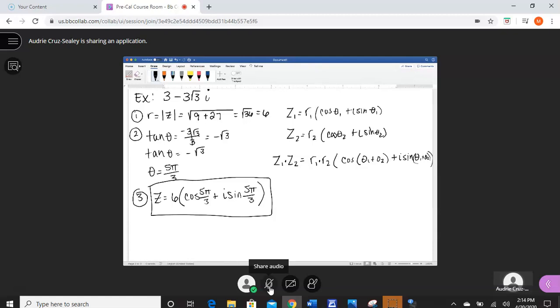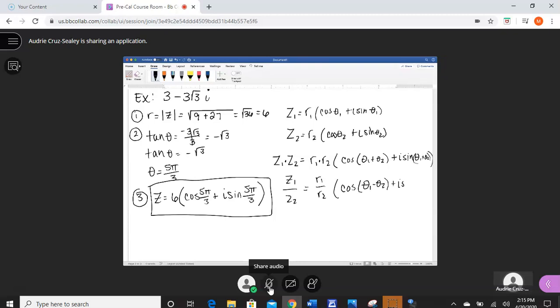If you were dividing z1 by z2, okay, we're dividing them because we didn't do that earlier. We did not divide imaginary numbers earlier in complex form. Let me tell you right now, it's a hot mess. I'll show you, but it's a hot mess. It's so much easier to divide in polar form. So in polar form, all you would do is divide the R values and division becomes subtraction.